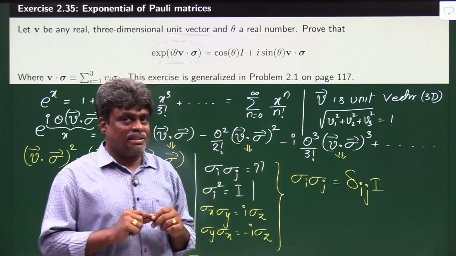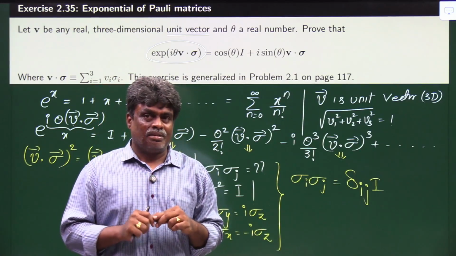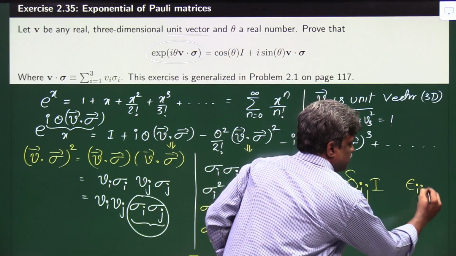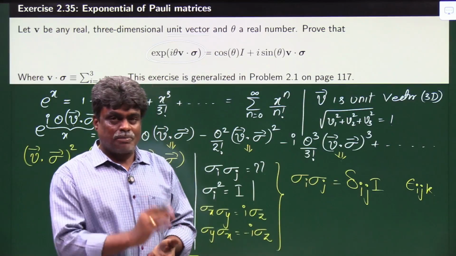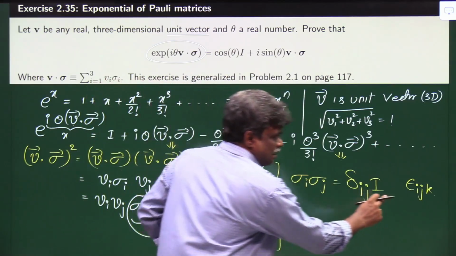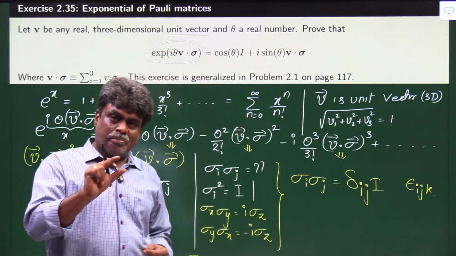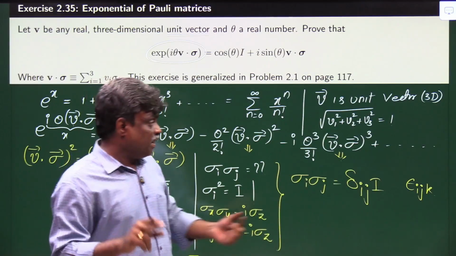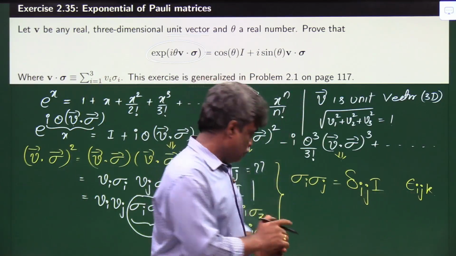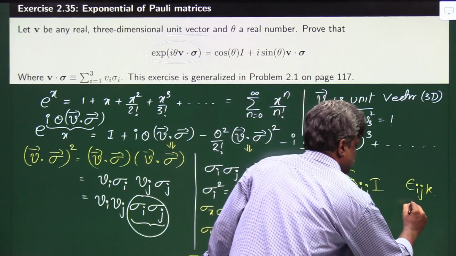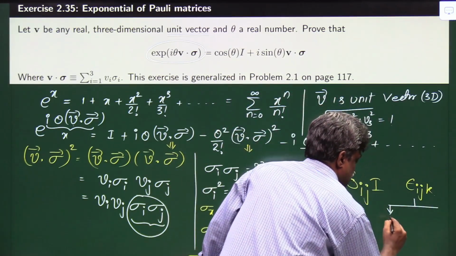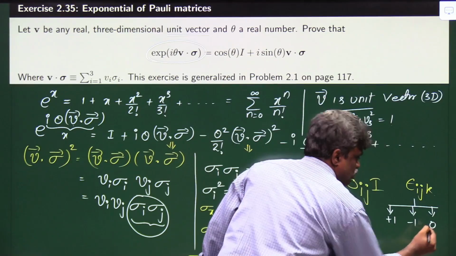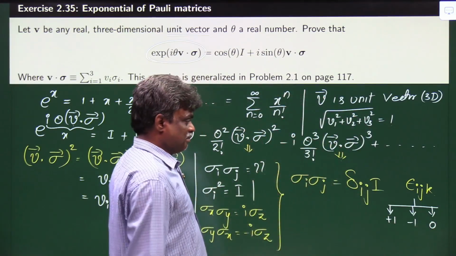The Levi-Civita symbol has this property, represented by ε_ijk. In this ε_ijk, if it is in order, +1; if it is in disorder, -1; and if any two are the same, it is 0. So it has three values: +1 for order, -1 for disorder, 0 for any two the same.